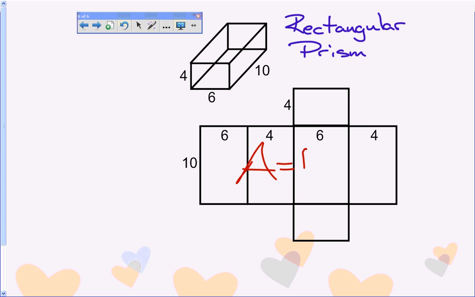The area is given as the base times the height. The base I can get by adding these numbers together. 6 plus 4 plus 6 plus 4 is 20. The height is 10. So it's the same as our last rectangle. It's 200.